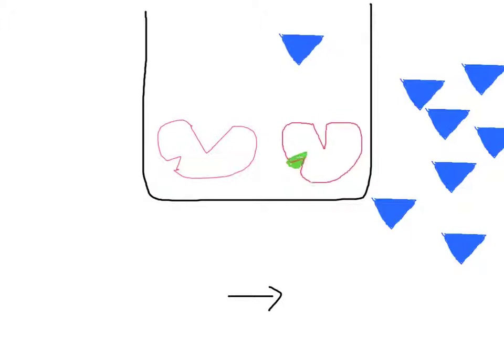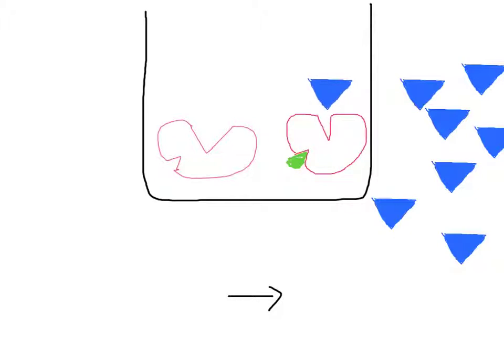The fact that this enzyme is attached to an inhibitor reduces the number of active sites available for the substrate to bind to, and therefore reduces the chances of an enzyme substrate complex forming, and therefore an enzyme product complex forming, and therefore product being formed.